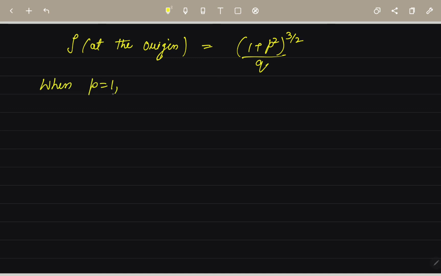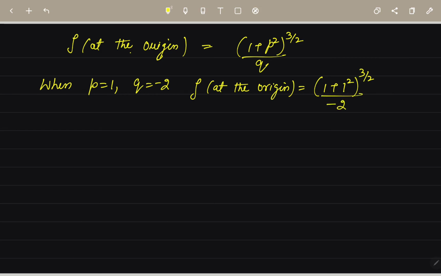When p is equal to 1 and q is equal to minus 2, rho at the origin is (1 plus 1 square) whole raised to the power 3 by 2 divided by the modulus of minus 2. Since there is a mod, it becomes positive, so I get the value as root 2.